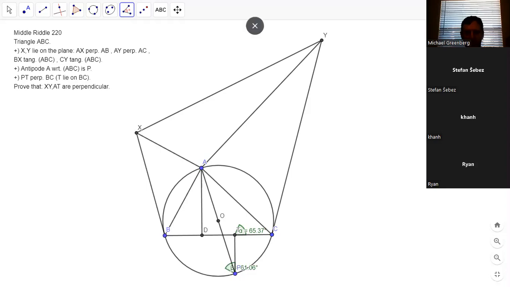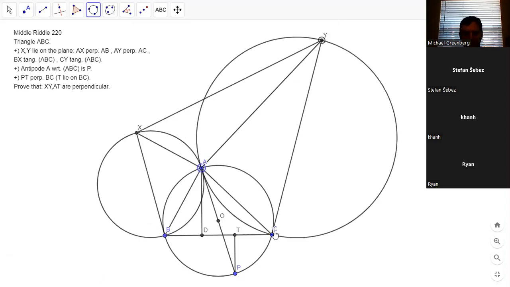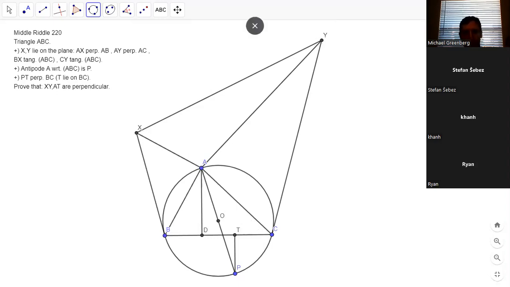No. Maybe I could draw the altitudes here. And that would give me some cyclic quadrilaterals.